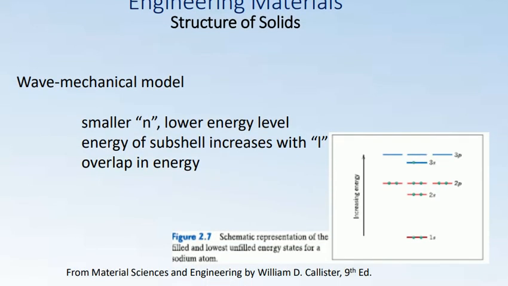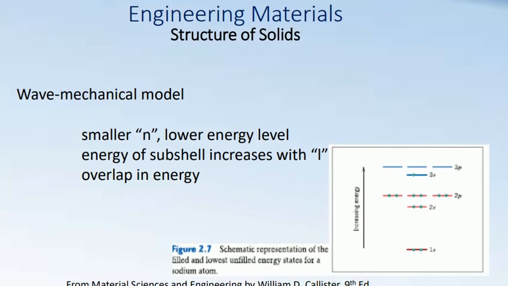So we were talking about quantum numbers, the parameters that describe wave mechanical model. Principal quantum number is n, which gives us the number of shell or orbit, and this principal quantum number is actually common to both Bohr and wave mechanical model.